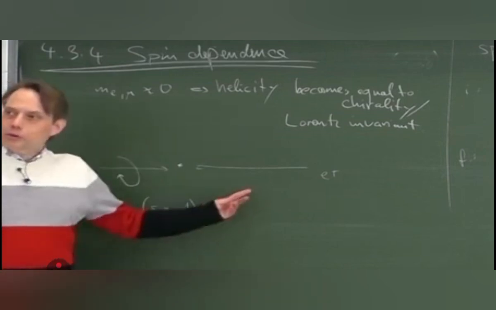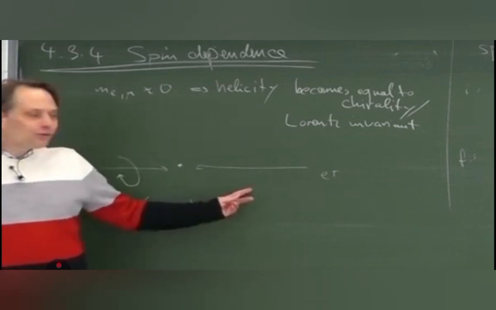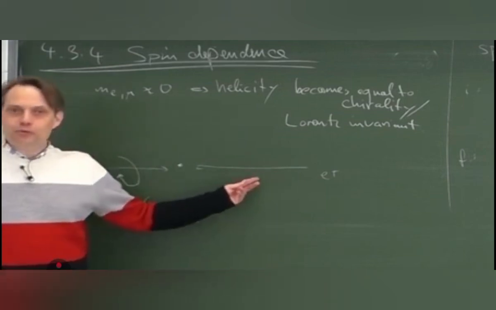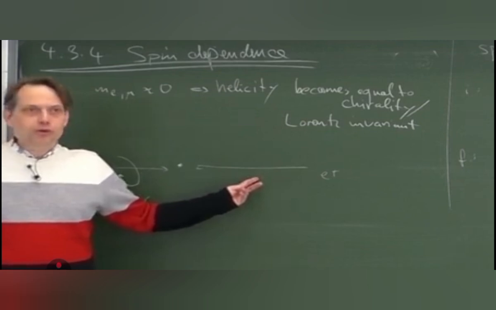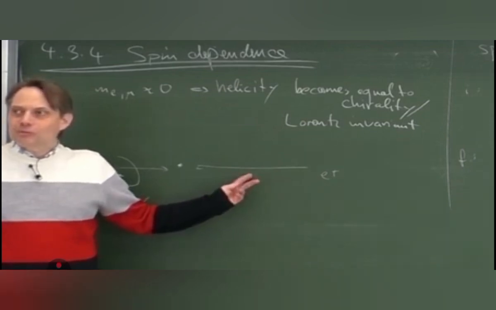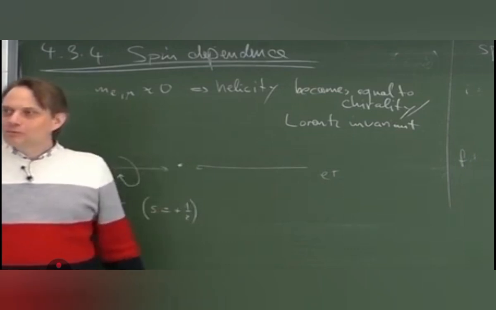Then the question is, which helicity must the positron have in order to have a non-vanishing interaction? How can you know that?